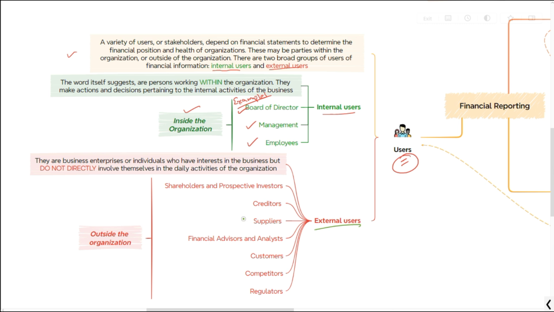External users are outside the organization, and they are business enterprises or individuals who have interest in the business, but they do not directly involve themselves in the daily activities of the organization. Examples of external users are shareholders and prospective investors, creditors, suppliers, financial advisors and analysts, customers, competitors, and the regulators.